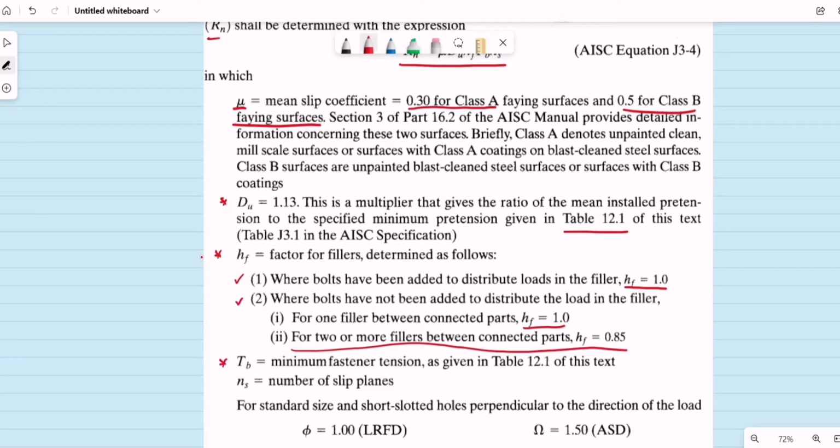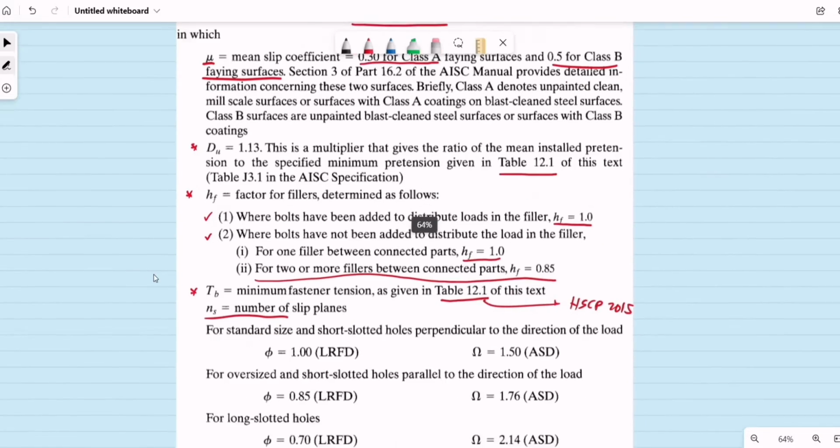Then the value of T sub b is the minimum fastener tension as given in table 12.1. Again, we have our separate table for this from our NSCP 2015. Then N sub s is the number of slip planes.